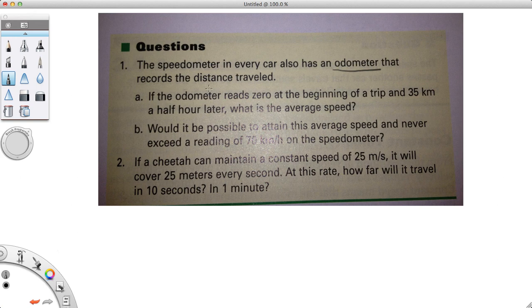If the odometer reads 0 at the beginning of a trip and 35 kilometers a half hour later, what is the average speed? We're calculating average speed again. Take some time, use that information that I've underlined to calculate the average speed.